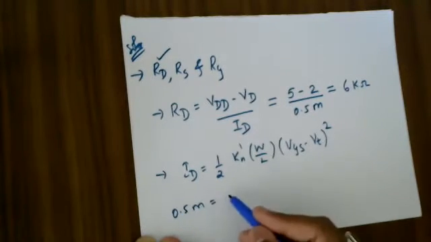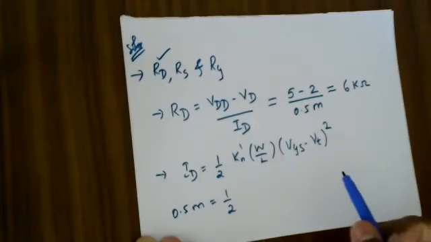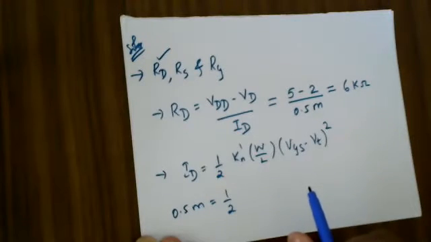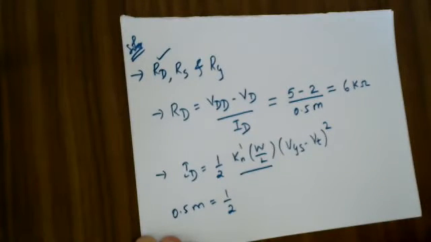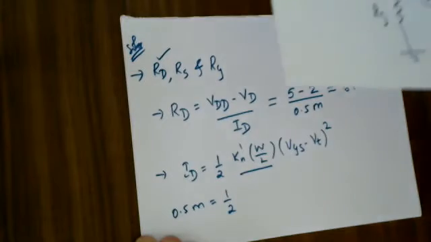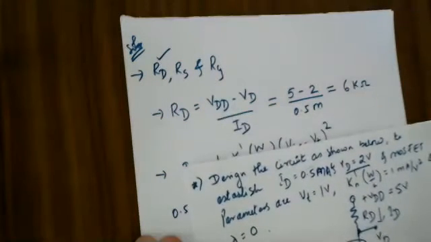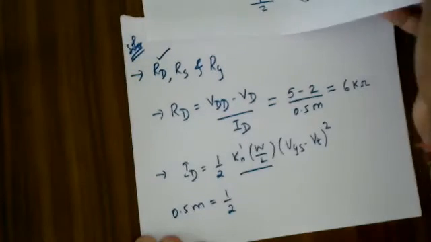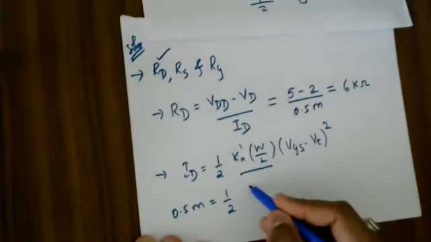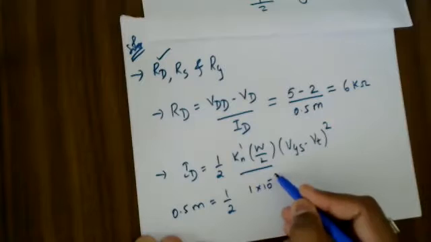0.5 milli is equal to 1 by 2 times Kn dash into W by L. He has given us this data, which is known to me. Kn dash into W by L is 1 milliamps per volt square, so this is nothing but 1 into 10 raised to minus 3.